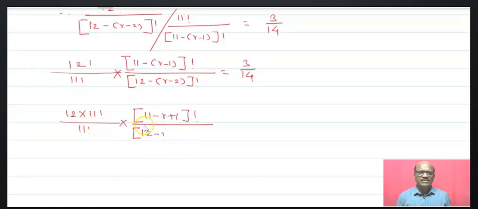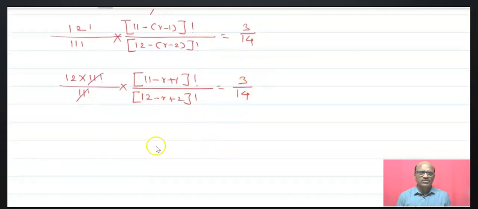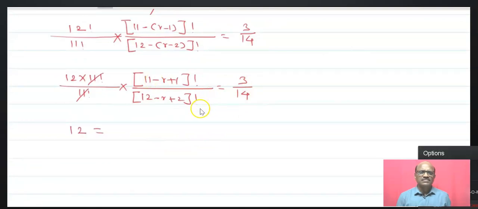And if we simplify this, (11 minus r plus 1) factorial and denominator (12 minus r plus 2) factorial is equal to, we can write like this now here. Now here is 11 plus 1, that will be 12, and 12 plus 2, that will be 14. See this here.